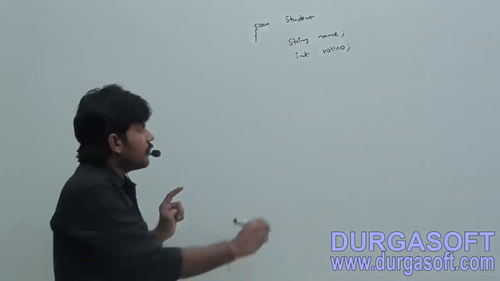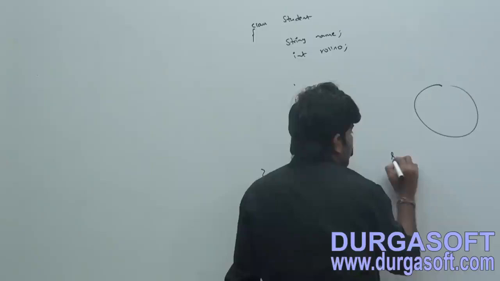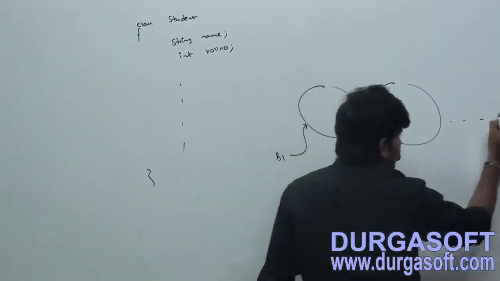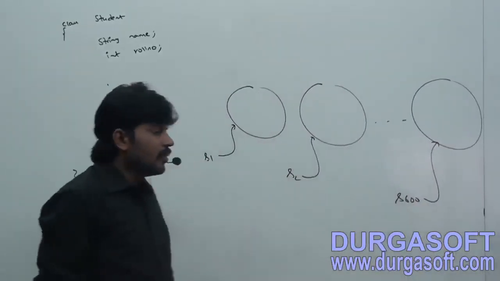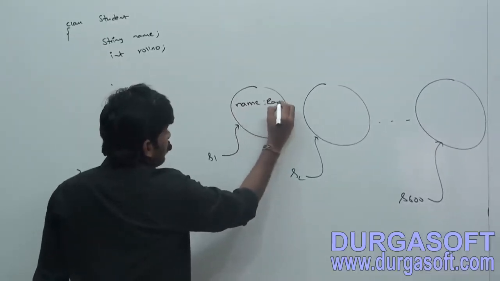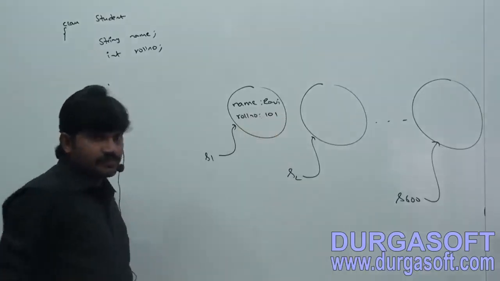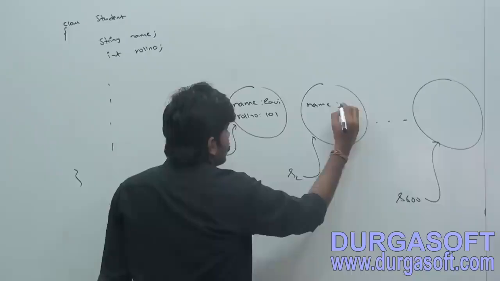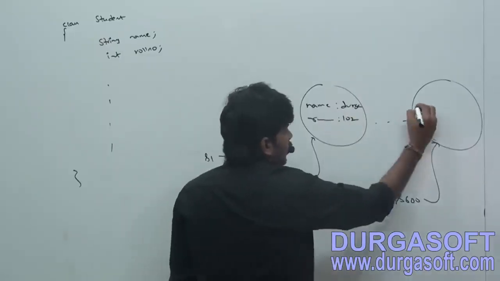Now if I create objects, first student S1, second student S2, up to S600, like this I'm taking. The first student's name is Ravi, roll number 101. The second student's name is Durga, roll number 102.